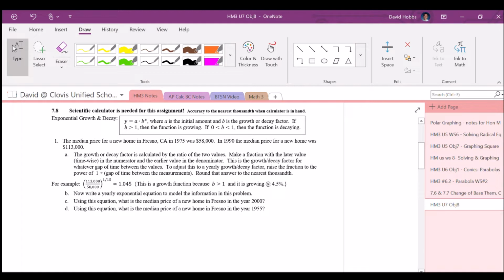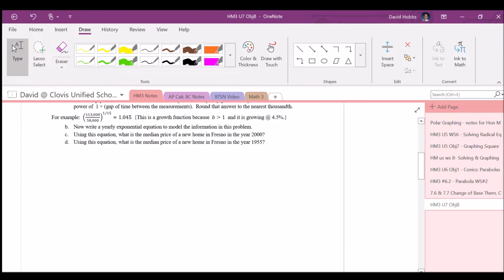This is just I copied off 3 of the problems from the worksheet. This is problem number 1. And so you got the y equals a times b to the x. And if b is greater than 1, then we know that it is a growth function.